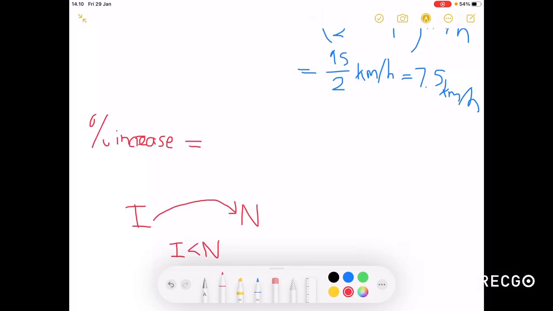So our formula goes like so. We have our new value minus our initial value, or the difference in values, and this is all over our initial value. And then since this is a percentage, it's best to multiply by 100%.